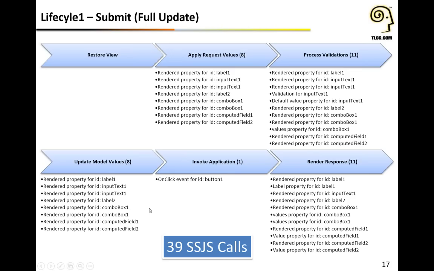Seeing what happened overall for that one little XPage application, we had 39 separate calls in server-side JavaScript between our rendered properties, computing the values for the combo box, our default value, and obviously the rendered property is happening multiple times throughout this JSF lifecycle.